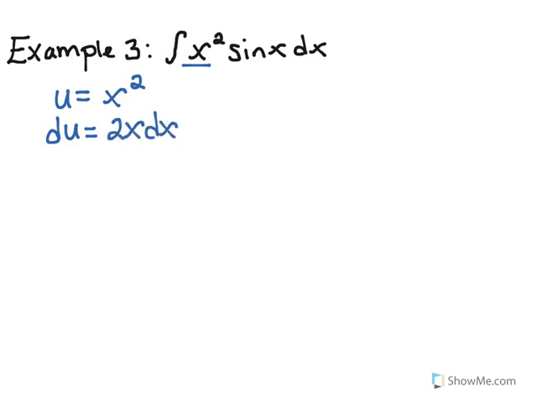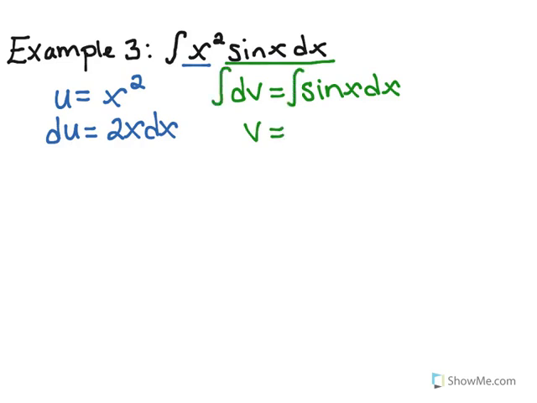Okay. That leaves me with what's dv? dv is what's left over here. Sine x dx. So now I need to know the antiderivative of sine x dx. The antiderivative of sine is negative cosine.